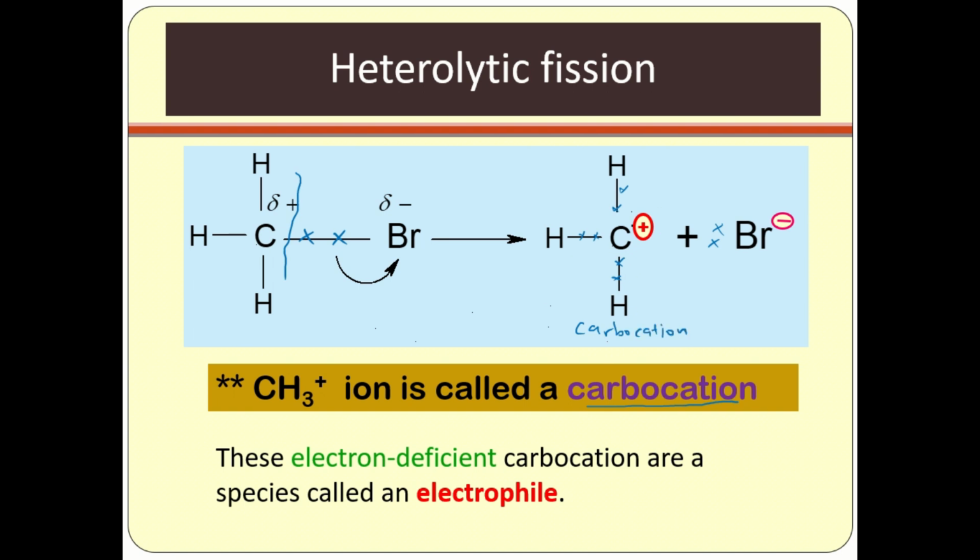Because the carbon didn't achieve stable electronic configuration, it is an electron deficient species. Now here in this line, I wrote that this carbocation is a species called an electrophile. So in the next slide, we are going to look at what is an electrophile and what is a nucleophile.